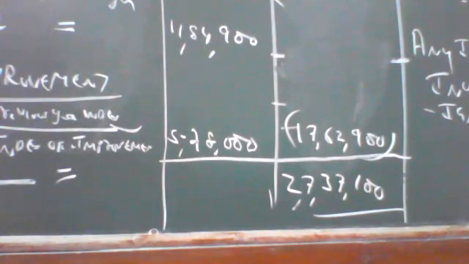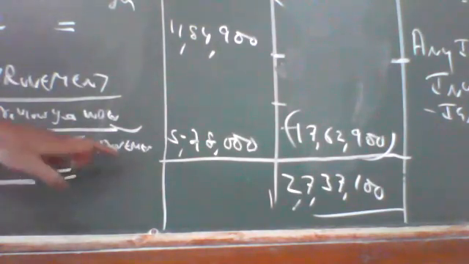In case of improvement, or you made some changes, or you constructed any ground floor or first floor, any improvement expenses incurred before 2001, please ignore those expenses. But any improvement expenses incurred after 2001, you have to calculate using the formula improvement expenses into previous year index divided by index of improvement year.